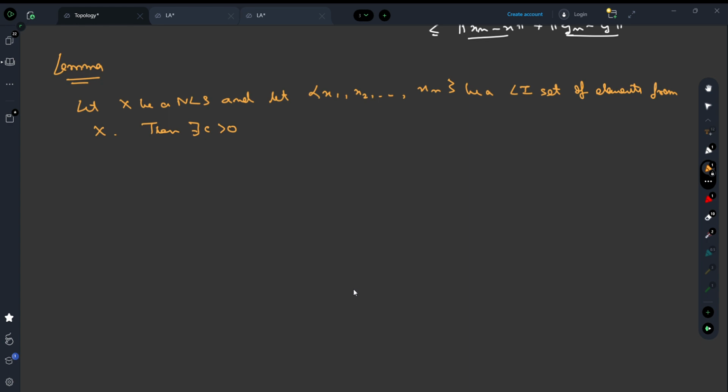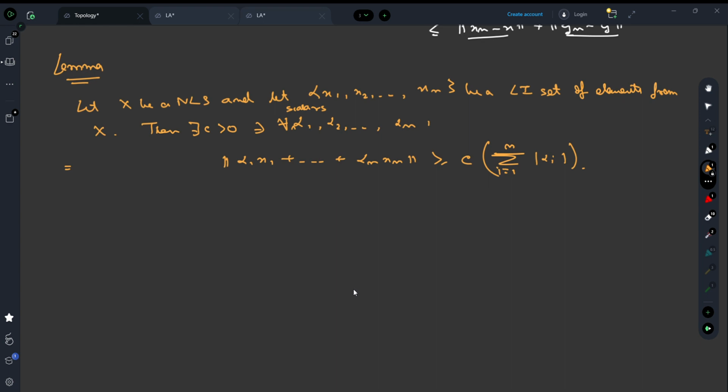Then there exists a positive number C such that for all scalars alpha 1 till alpha n, the norm of alpha 1 x1 plus and so on, that is the norm of the linear combination of these elements x1 till xn, is greater than or equal to C times the summation over i equals 1 to n of the modulus of these scalars.